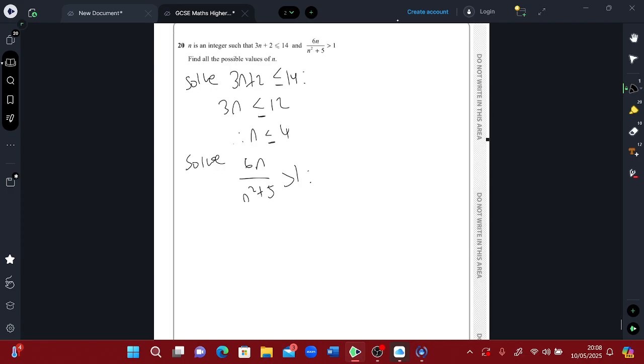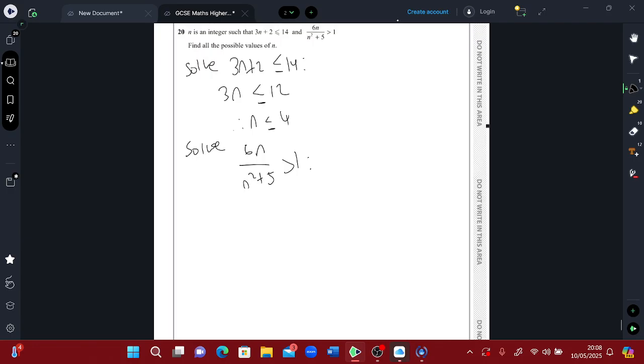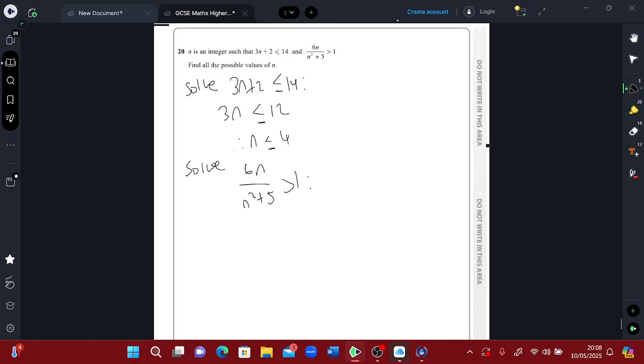Okay, so with inequalities, you have to obviously be careful when you deal with negatives. If you multiply or divide either side of an inequality by a negative, you flip the inequality. However, that's what you need to be careful with. But notice n squared plus 5 is positive, because obviously n squared is always going to be above 0.